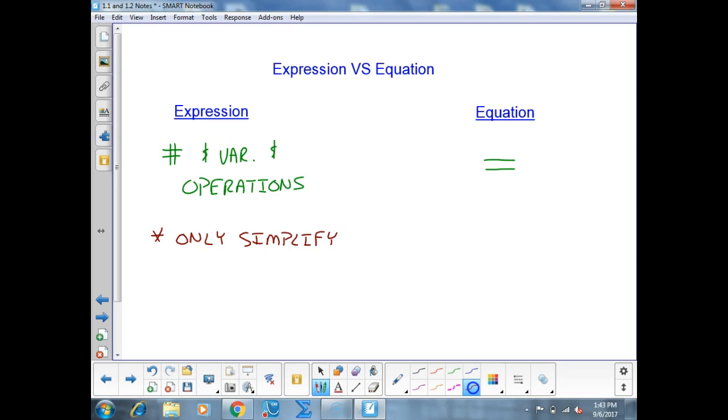You can just make it look pretty. Okay? With an equation, those are solvable. We can solve equations. Okay? We can find out what values of x make that equation true. We can find different parts to that. Okay?